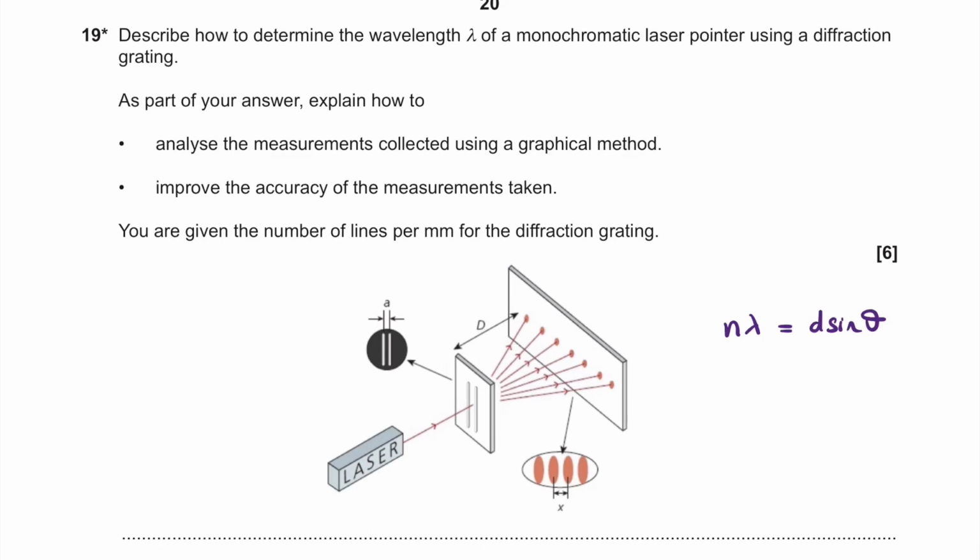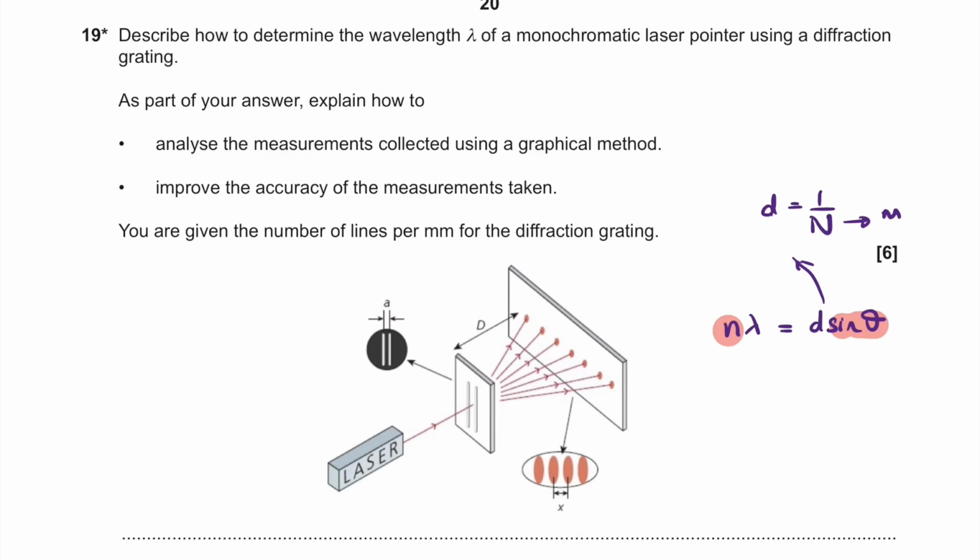So we have to calculate the wavelength, and we can work around this formula by changing n and sine theta, and d is fixed. We know that d is 1 over n, where n is the number of lines per millimeter, so make sure we convert this into meters.